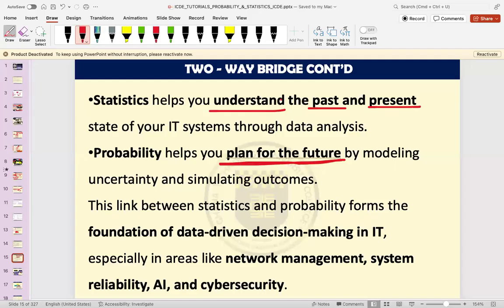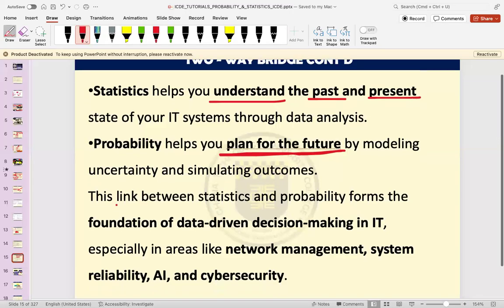Now, these two are linked like a bridge in IT. So in IT, the link between statistics and probability forms the foundation of data-driven decision-making in IT.